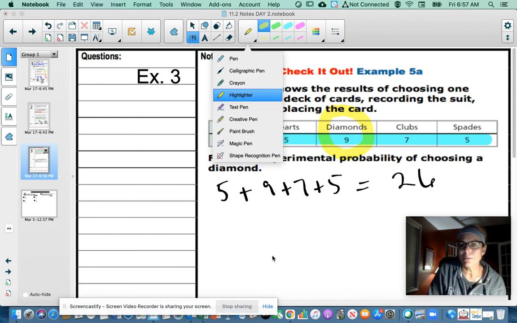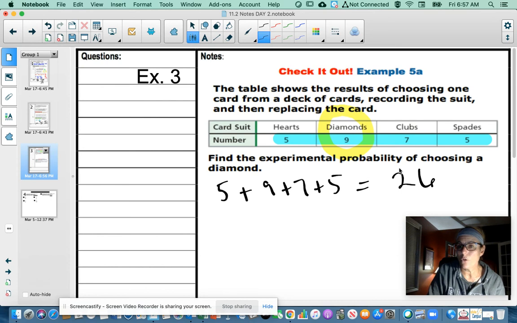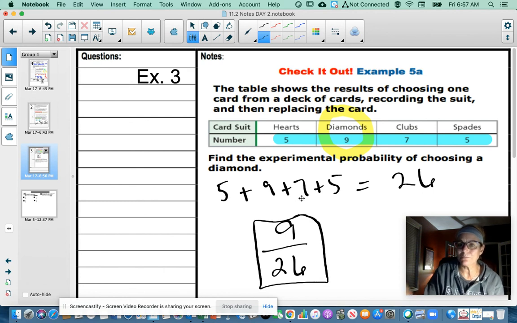How many times did I pick a diamond out of my 26 picks from the deck? 9 times I picked a diamond. There's my probability. Remember, in this experiment, we're picking a card, looking at it, and recording whether we got a heart, diamond, club, or spade. And then I'm putting that card right back in the deck, so I could pick it again.